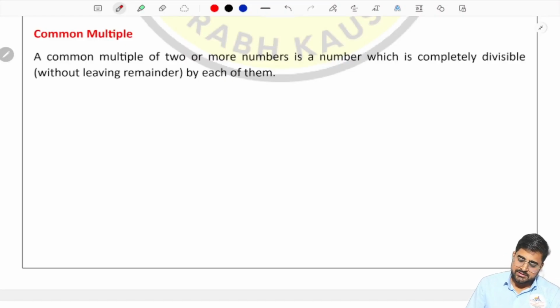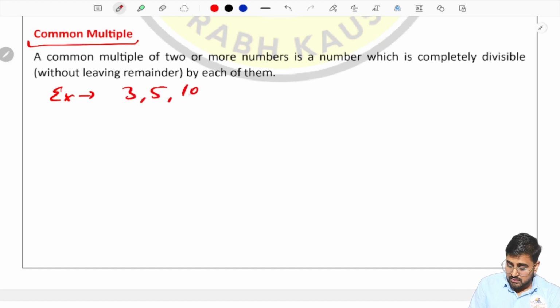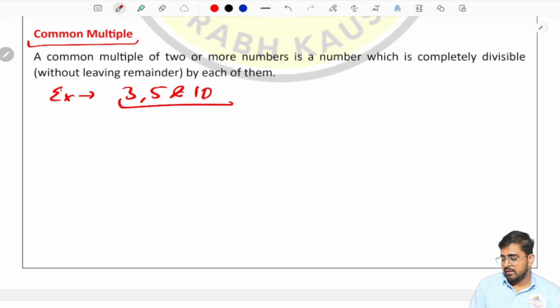Before starting the LCM, first you have to be clear on what the common multiples are. A common multiple of two or more numbers is a number which is completely divisible by them, where it will not give you any remainder. Let's try to understand the statement with the help of an example. Take small numbers, let's not take complicated ones: 3, 5 and 10.